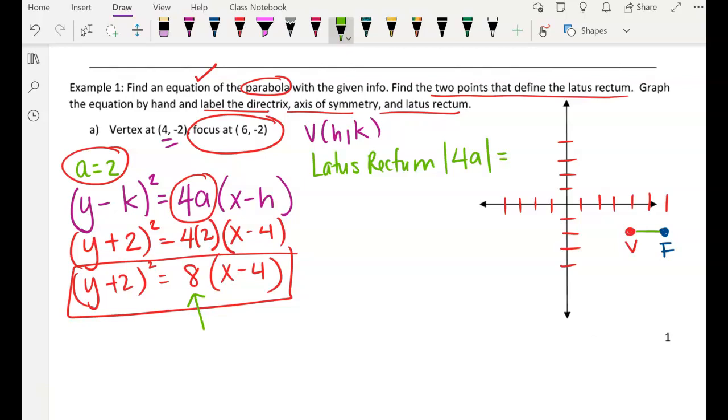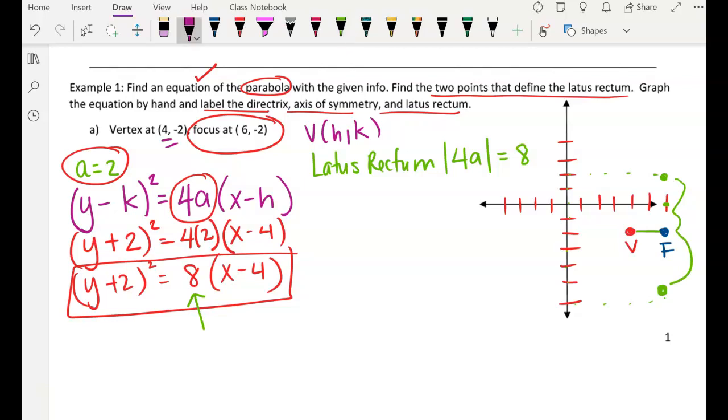In this case, it is going to be 8 units total, and it is the distance from the focus. So that means it's directly 4 to the top, and then 4 to the bottom from the focus, which I need to make a couple more tick marks. Okay, 1, 2, 3, 4 from the focus on the bottom. So the 1, 2, 3, 4, right there. Okay, so this right here, students, is the total length of your latus rectum.